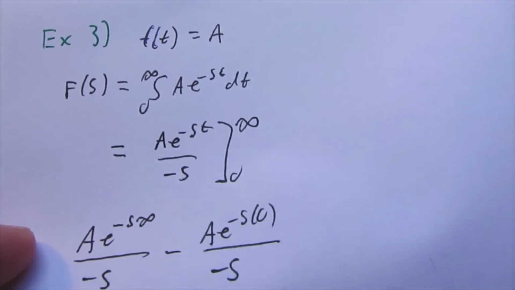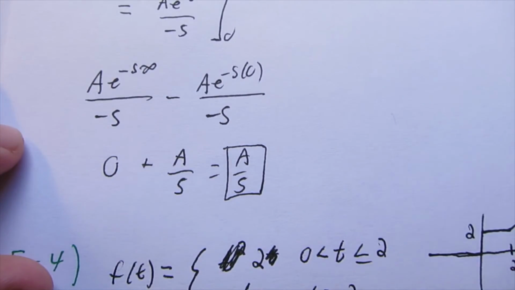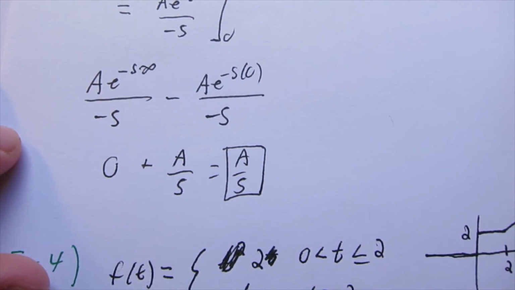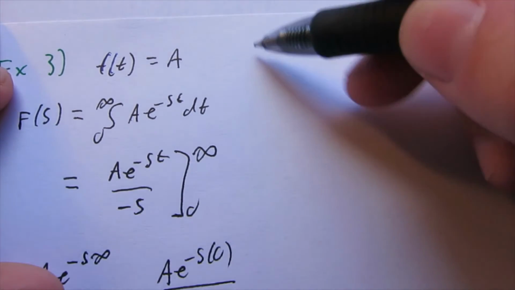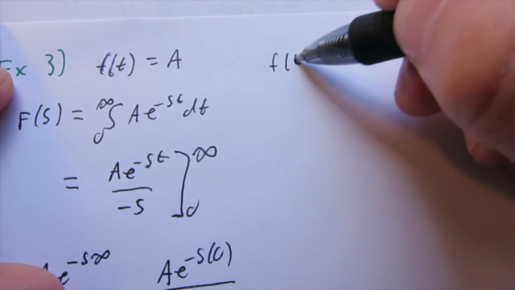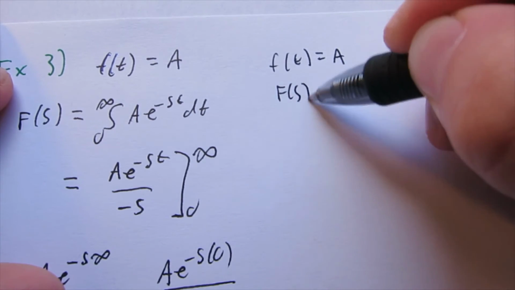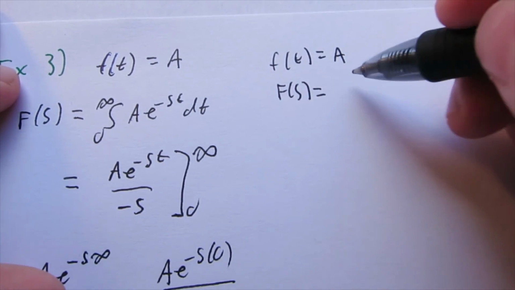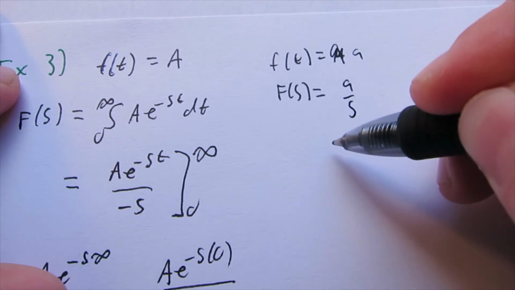Another example here. I should have done this one first, but oh well. This is a simple one, just f of t equals a. This equals a over s. So as you can see the difference there. So if f of t equals a, the Laplace transform of that equals a over s.